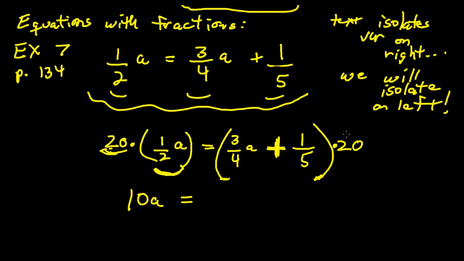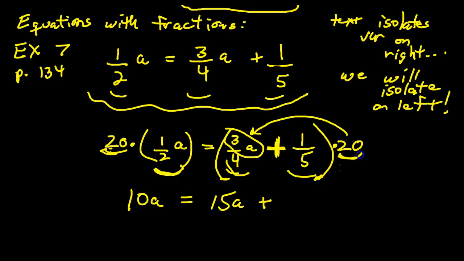On the right-hand side, 20 times 3/4 a. Well, the 4 cross-cancels into 20, 5 times, and 5 times 3a is 15a. Let me do that again. 4 cross-cancels into 20, 5 times, and 5 times 3a is 15a, plus 1/5 times 20. Well, of course, 5 cross-cancels into 20, 4 times, and 4 times 1 is 4.